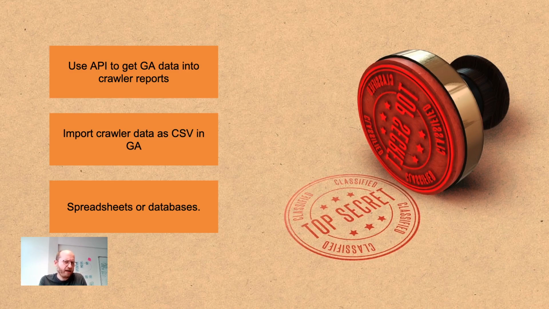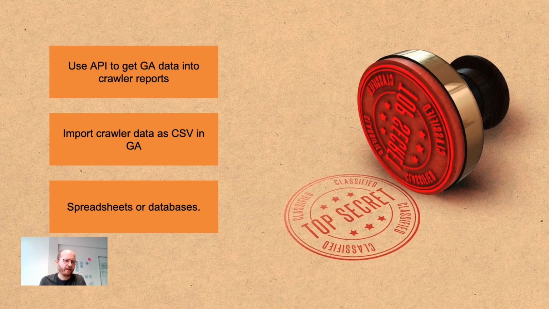And there are, of course, many ways to achieve this. First, we can use the API to get GA's data into crawler reports, and some SEO tools do this. But then the tools define what data you are going to have in your crawler or search engine optimization tool. On the other hand, you could export the data from your crawler and import it as CSV in Google Analytics.